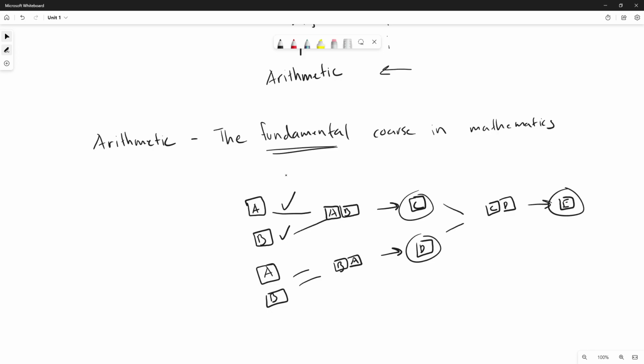But you need to know all the building blocks beforehand in order to take that course. And the same is true for everything around arithmetic. Arithmetic gives you these fundamental building blocks, A and B. And then from there, in algebra, you can create C and D, and then finally in calculus, you can create E. And they all just lead back to A and B.